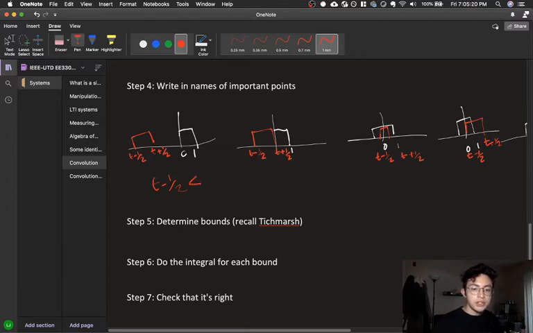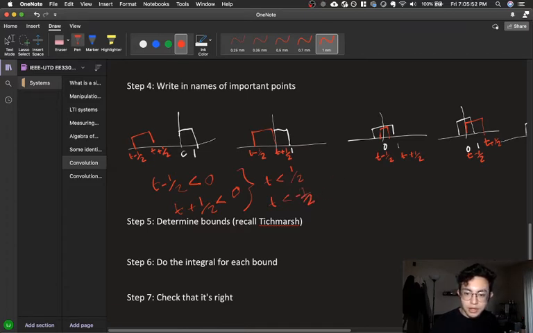So let's just write down what we have in our situation right here. So t minus 1/2 is less than 0, and t plus 1/2 is less than 0. So we know that this means that for when t is less than 1/2. If we solve out these inequalities, t is less than 1/2, t is less than negative 1/2.